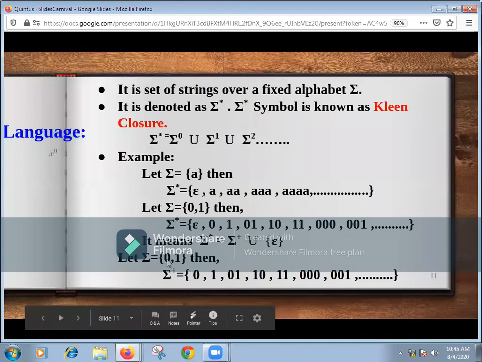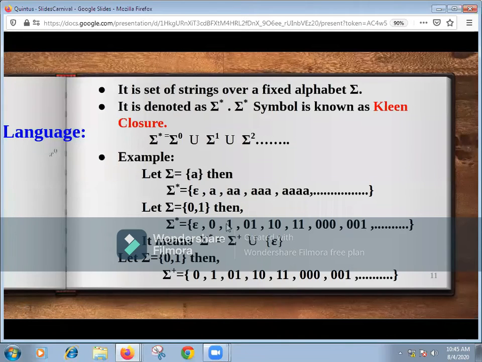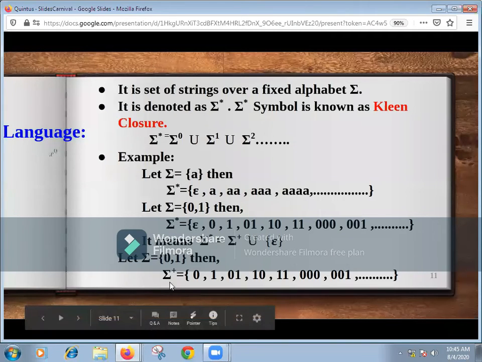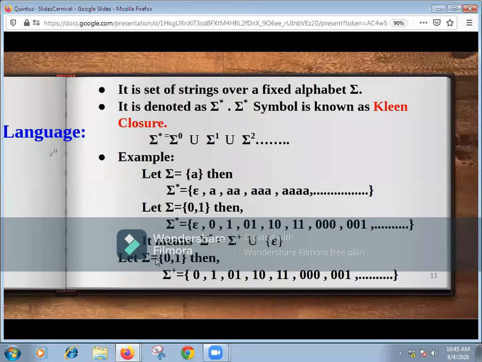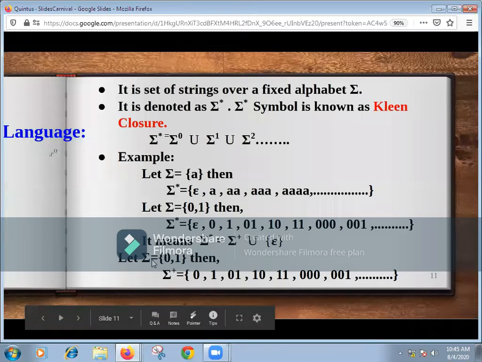And when we say alphabet plus, we mean at least one occurrence, or n number of occurrences, of that element. For alphabet closure we say 0 or n occurrences, and for alphabet plus we say 1 or n occurrences. I hope you understood the concept of Kleene closure and alphabet plus.